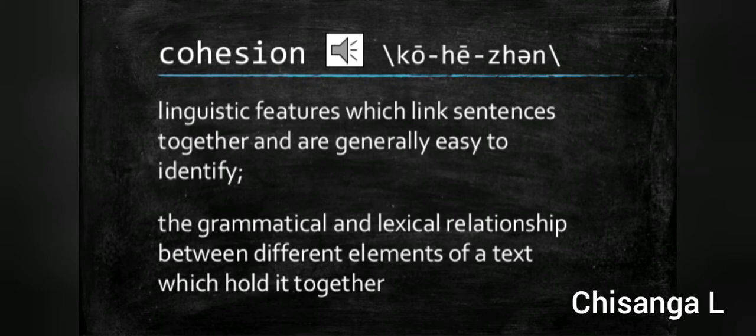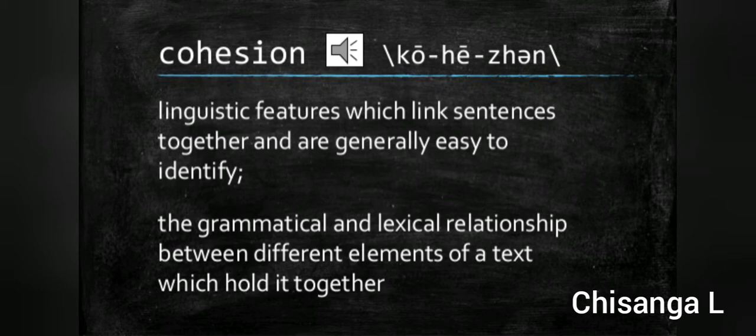We say cohesion is the glue that holds a piece of writing together. In other words, if we look at a paper, for instance, if the paper is cohesive, then it sticks together from sentence to sentence and from paragraph to paragraph.